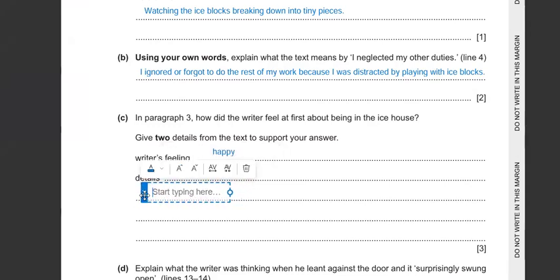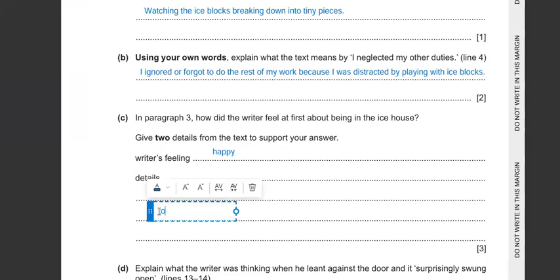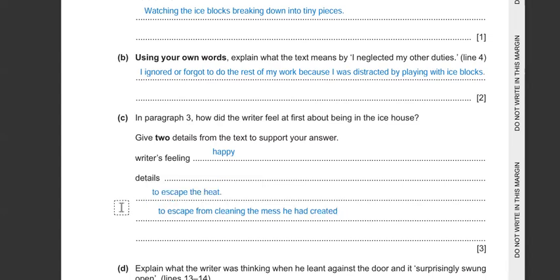Let's use this line. The first detail: to escape the heat, and the second: to escape from cleaning the mess he had created, right?